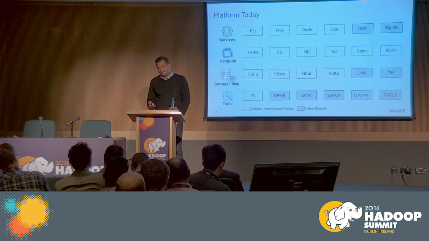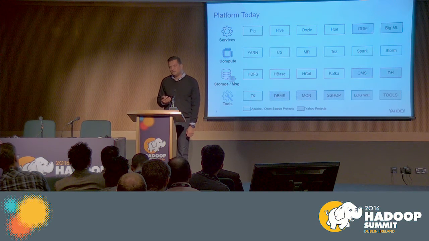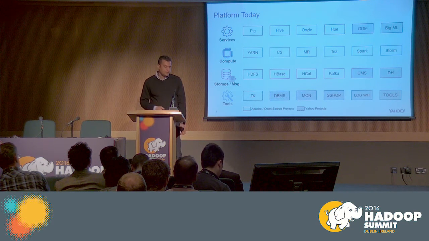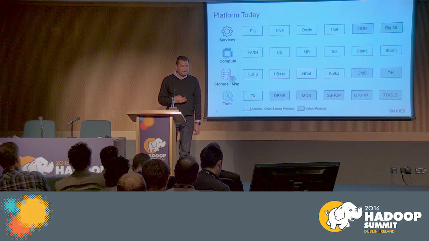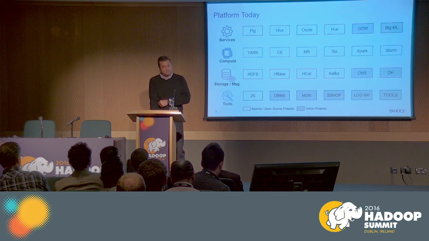And then HCatalog is our metastore, and the reason why we use HCatalog is because we have a lot of Pig users as well as Hive users, and we want data interoperability without worrying about the format the data is stored in. And then, of course, there is Kafka. There's really good use of Kafka for queuing type use cases or PubSub.